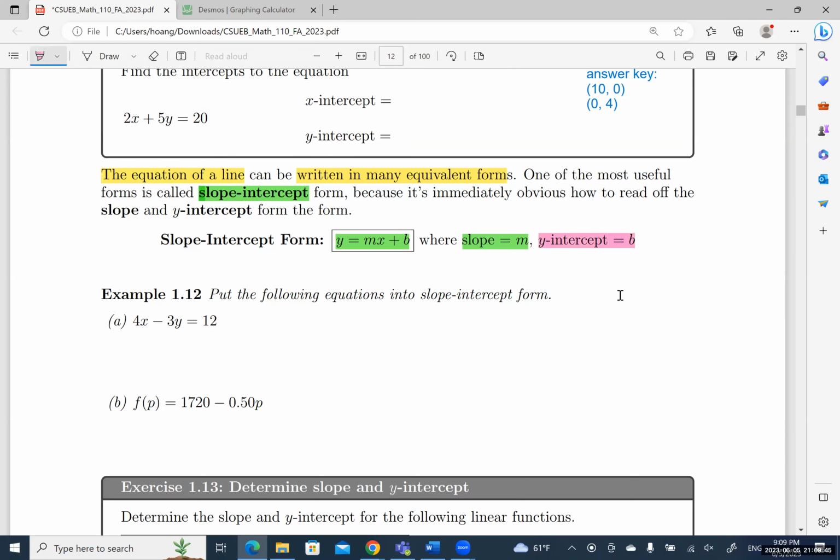Okay, so if I myself could name this one, I would say slope y-intercept form, because it provides me the slope and also the y-intercept. But someone already filed this form and stated the name slope intercept form, so I can't change it. But you can understand that it means slope and y-intercept.